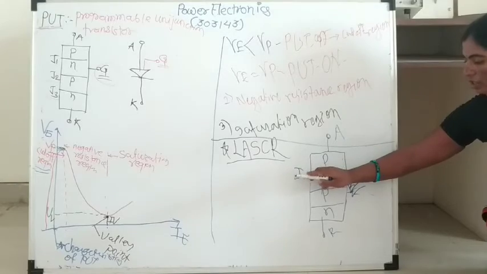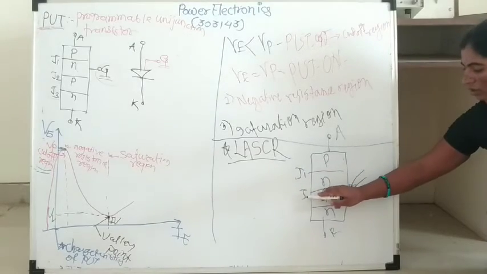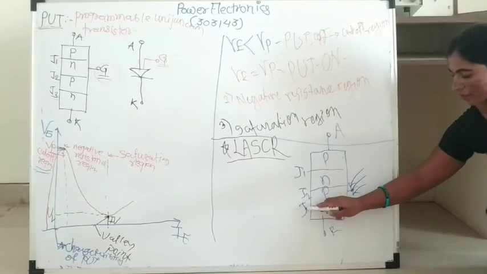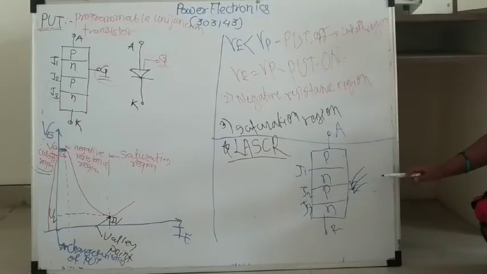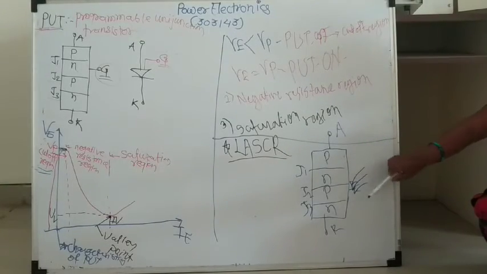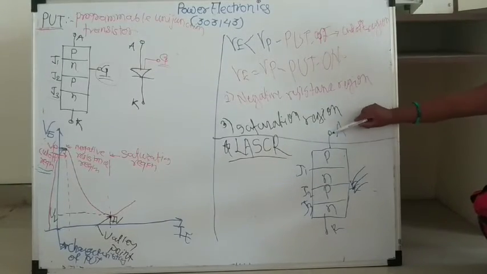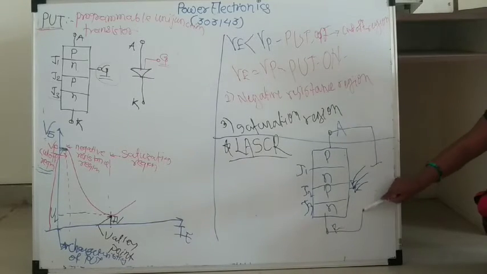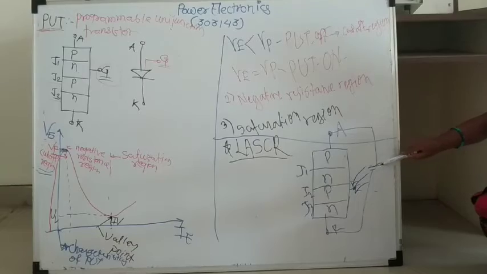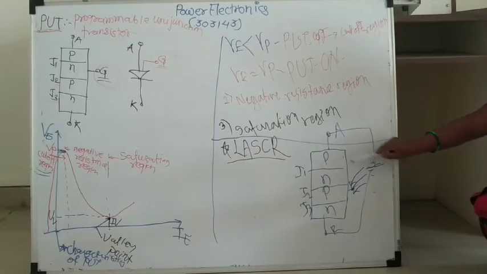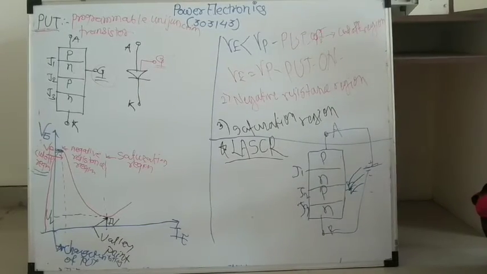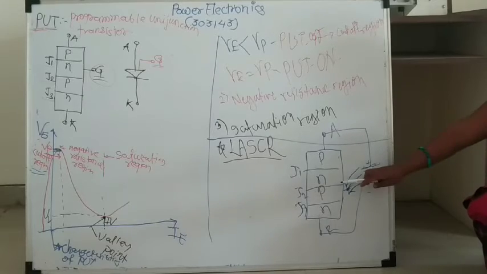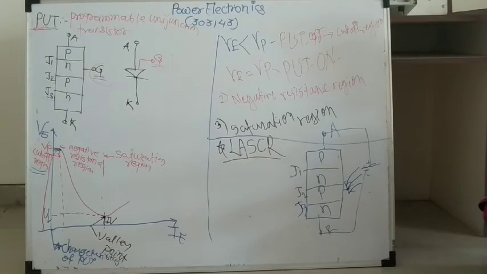See here, this is junction J1, this is junction J2, and this is junction J3. When we connect this anode terminal to the positive of the battery and this cathode terminal to the negative of the battery, what happens? Junctions J1 and J3 go in forward bias. Only junction J2 goes in reverse bias.